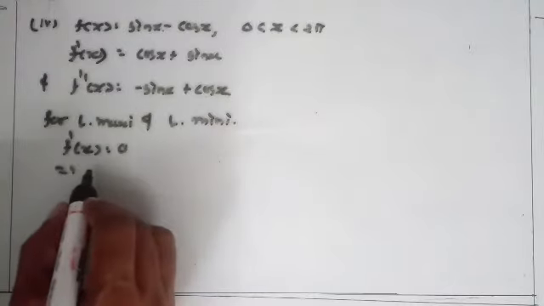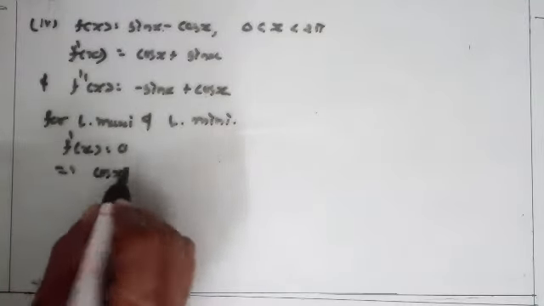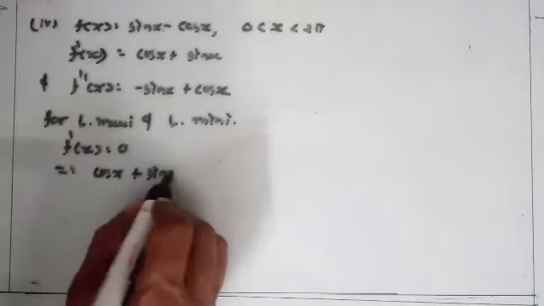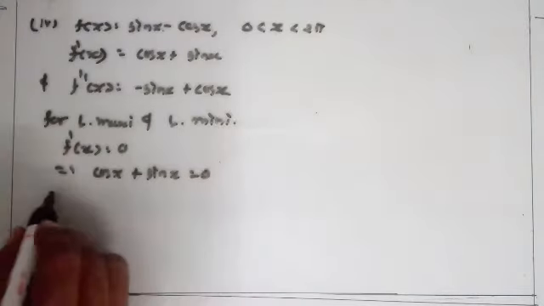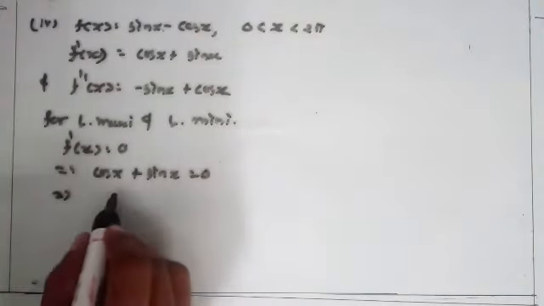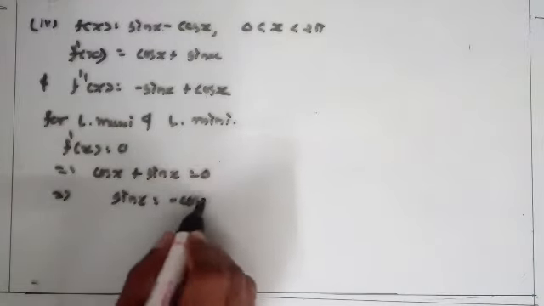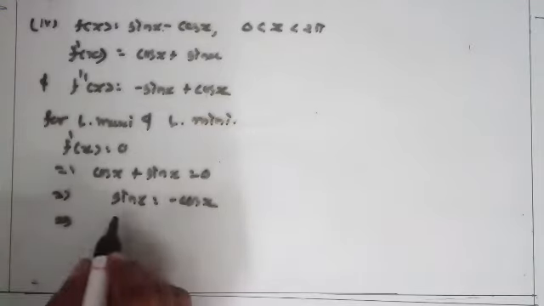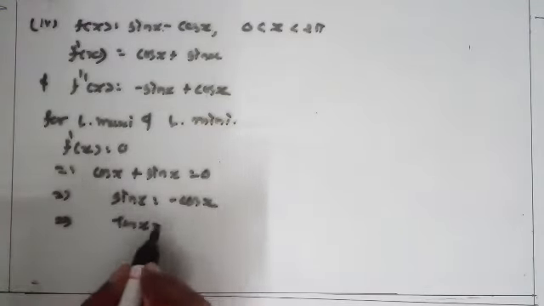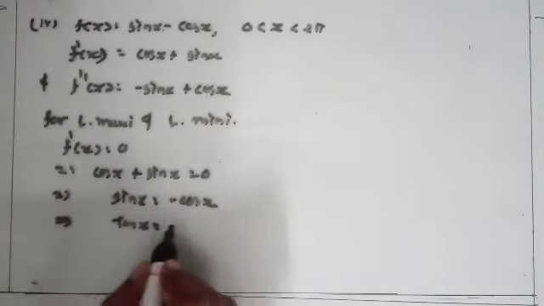This implies cos x plus sin x is equal to 0. This implies sin x is equal to minus cos x. Clear? This implies dividing by cos x on both sides we get tan x is equal to minus 1. Here tan x is equal to minus 1.